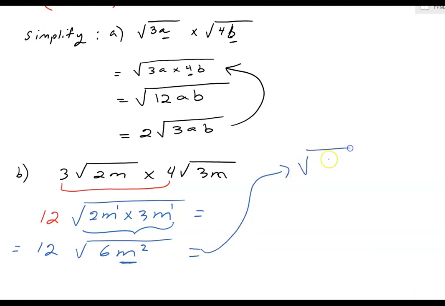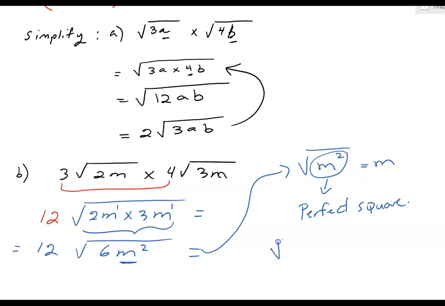So what is the square root of m squared? Well, it's already a perfect square, because of that square. So when you take the square root of a perfect square, the m comes out. So the square root of m squared is m.